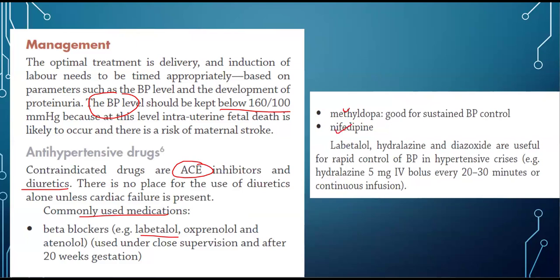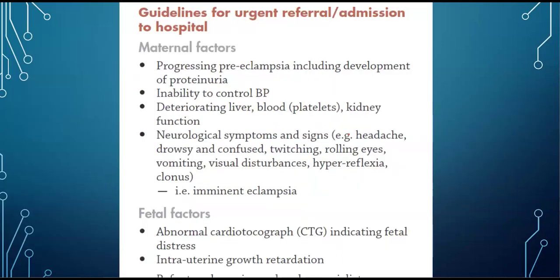So these are the common antihypertensives that you can use during pregnancy. If a pregnant patient with preeclampsia has a severe hypertensive crisis, you can use IV labetalol, hydralazine, or diazoxide. But in most situations, you are going to use labetalol, methyldopa, or nifedipine.